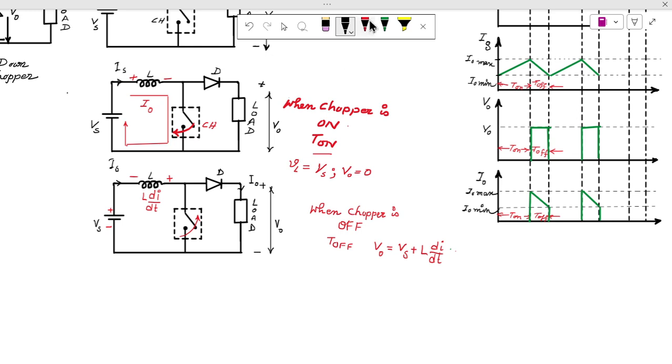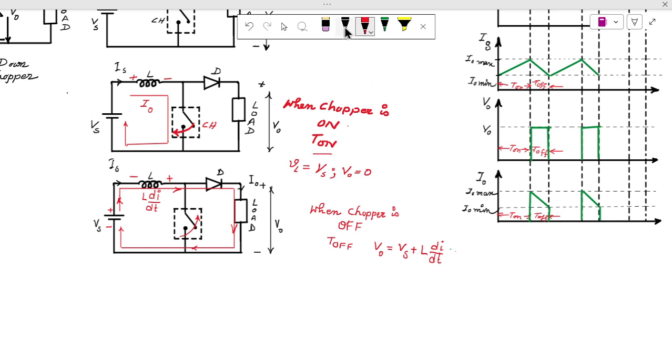Another thing we must discuss, the current flow through this path in the off state will be different. So it will be the flow of path.